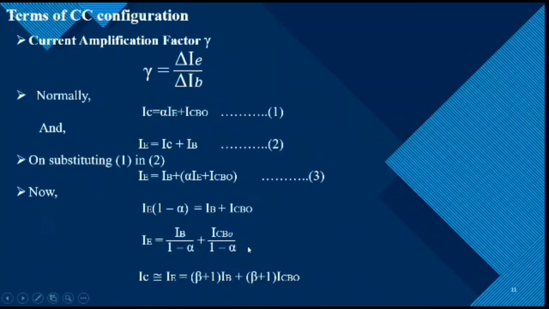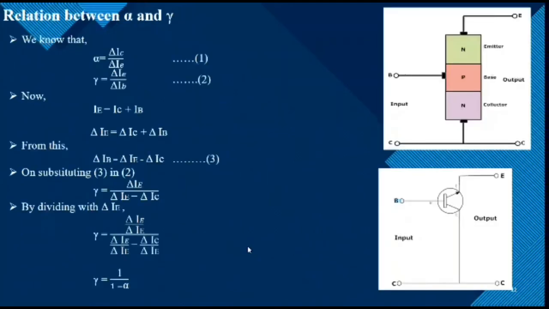Now let us derive the relation between alpha and gamma. We know that alpha is the change in the collector current to the change in emitter current, and gamma is the change in the emitter current to the change in base current. We also know that emitter current is equal to the sum of the collector and base current, so that can be written as delta IE is equal to delta IC plus delta IB.